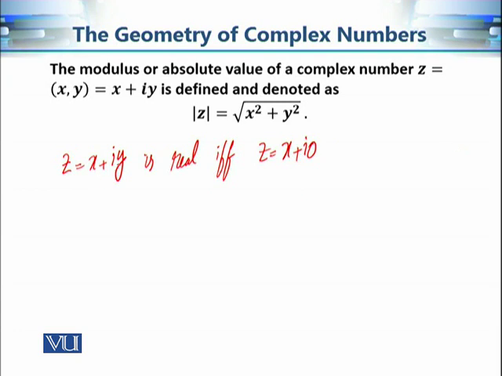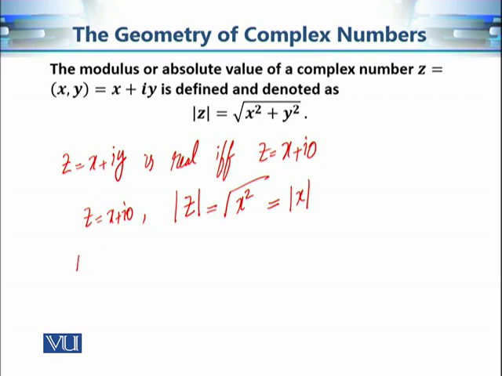So using this definition, we can say that the mod of z, where z is x plus iota 0, is the square root of x square, which is the same as mod of x. It's the same definition of absolute value from the set of real numbers.